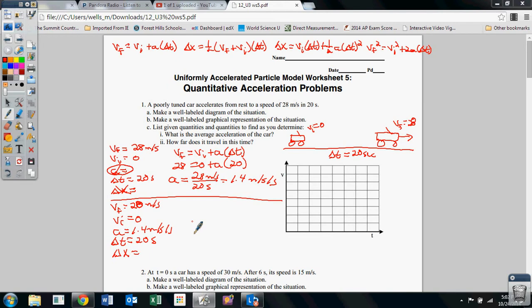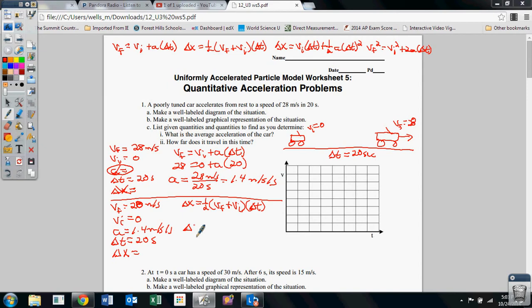So I can use any one of my equations, because that has delta x in it anyway. I'm going to go ahead and use the second one, just because we don't get to use that very often. So just to see that that's useful on occasion. So delta x is equal to 1/2 times the final velocity plus the initial velocity times delta t.